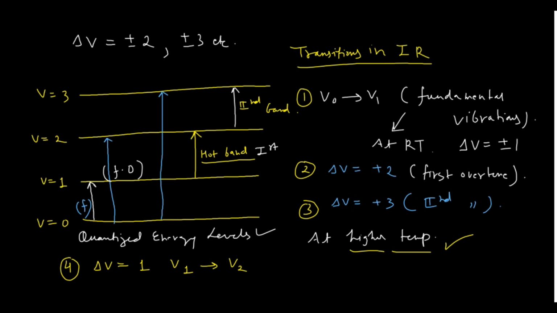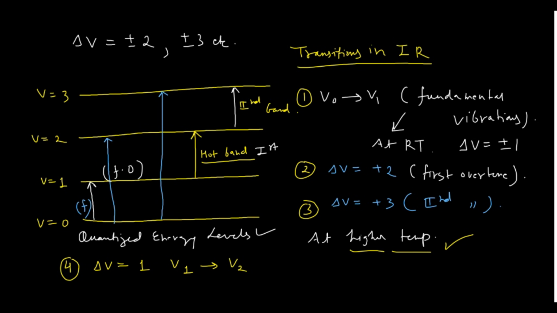So what about the hot bands? I already told you, if you increase the temperature, then your population increases in the other vibrational levels. This is very important, and very easily, by using your Boltzmann distribution law, you can calculate the population ratio also.